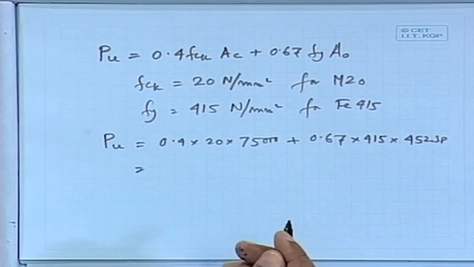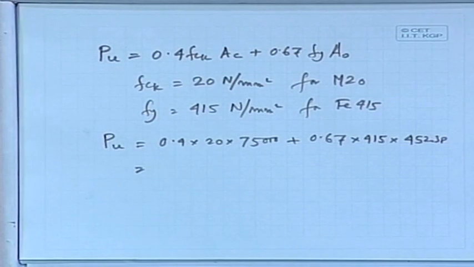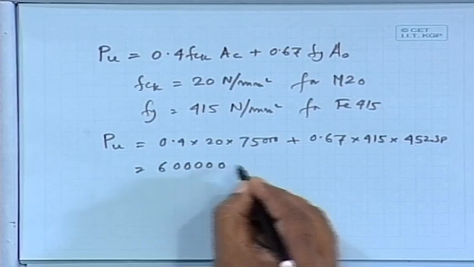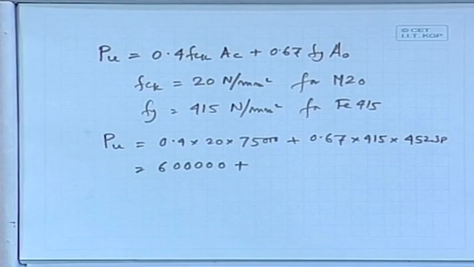So we are getting here 0.4 times 20 times 75000 plus 0.67 times 415 times 452.38.